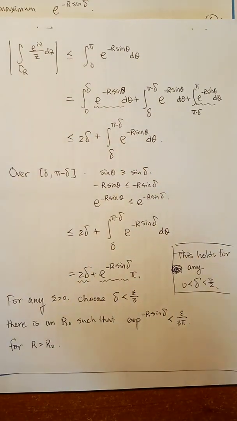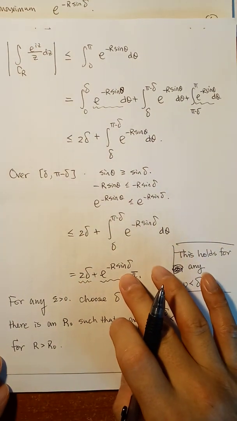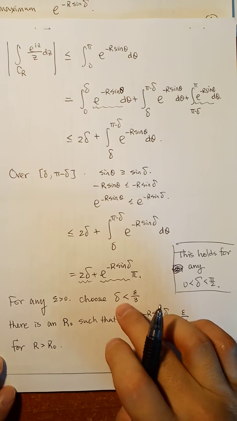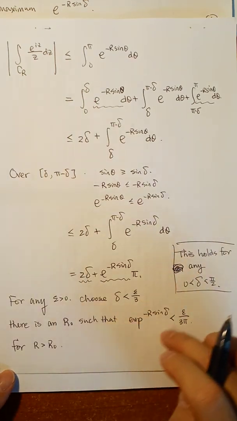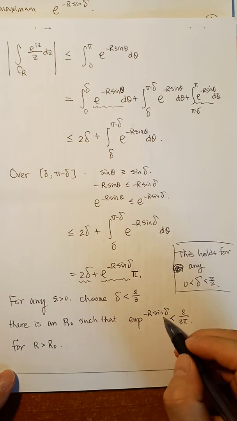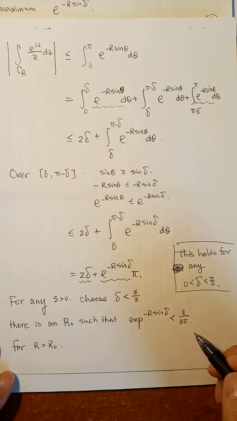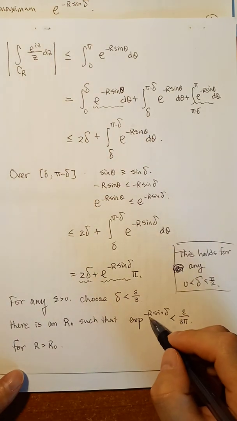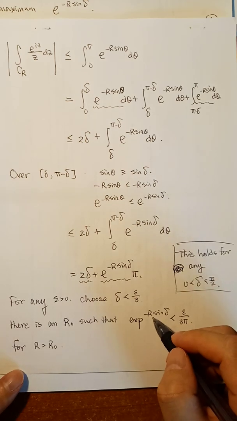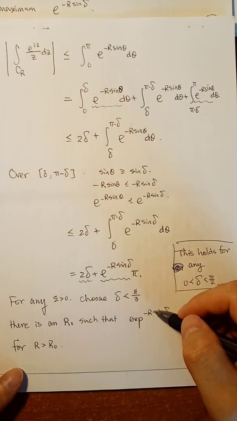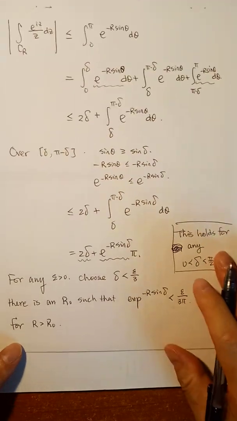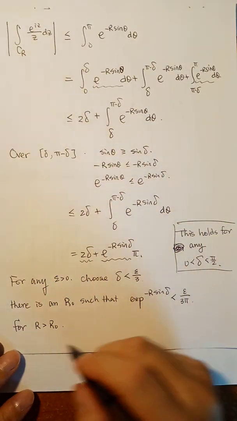If R is small, possibly it's not that small, but when R is extremely large, for this fixed delta, it will approach 0. This is a negative exponential function. If the negative value is too big, it will approach 0. So for arbitrary R greater than R0.